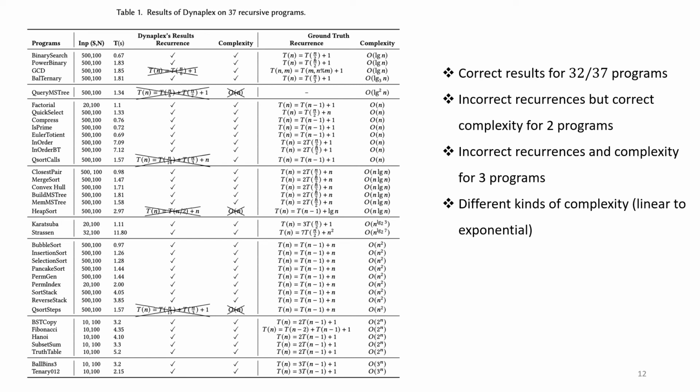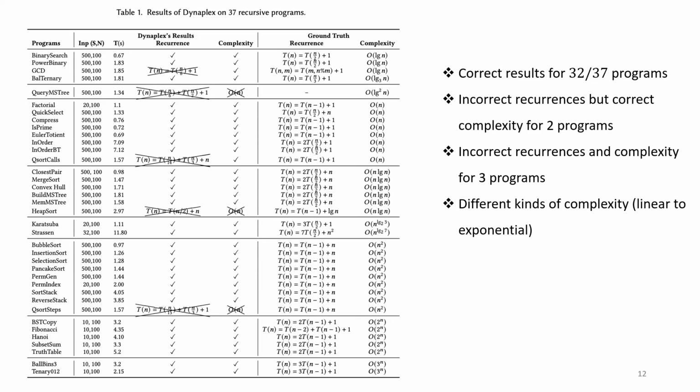However, it computed incorrect recurrences but correct complexity for 2 programs, the GCD program and the QSort calls program. It also computed incorrect recurrences and complexity for 3 programs. And as you can see from the table, it computed different kinds of complexity from logarithmic to linear to exponential and so on.